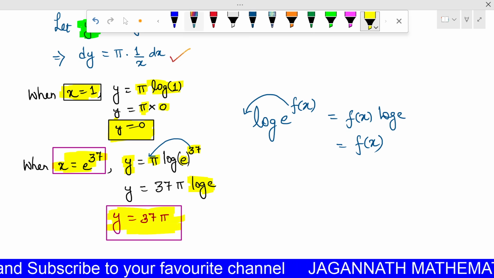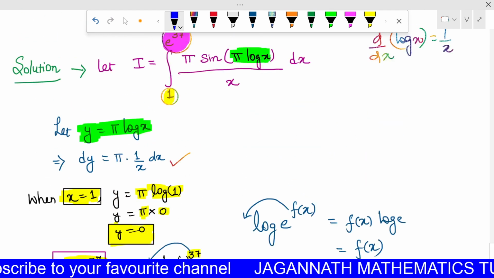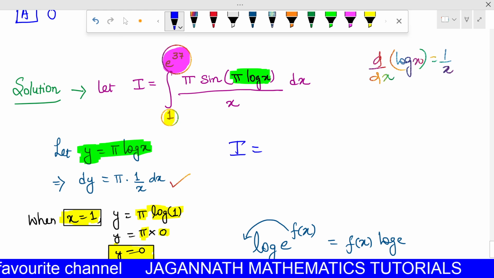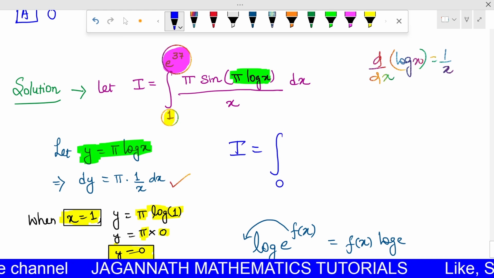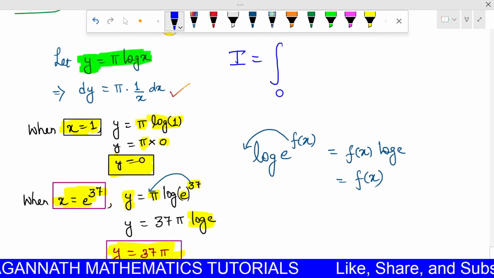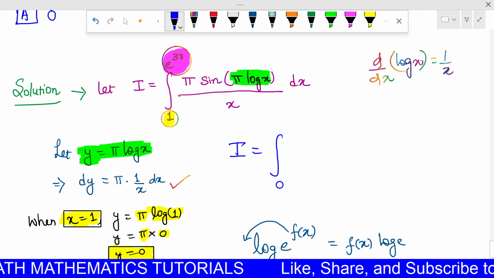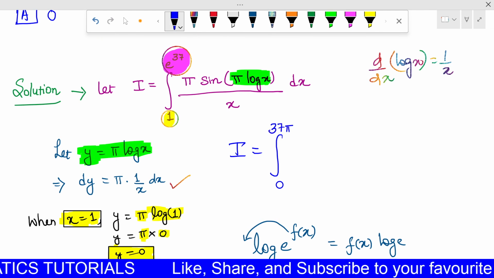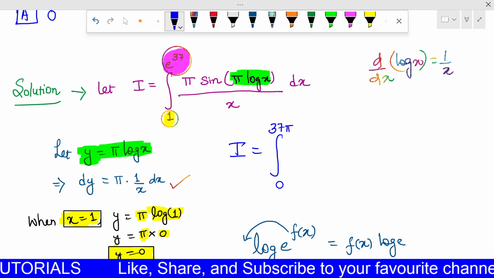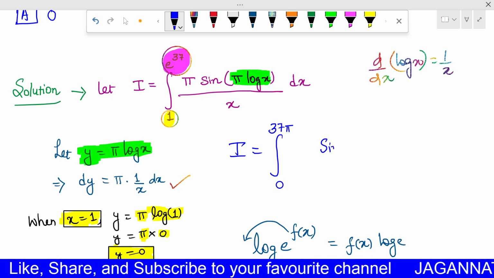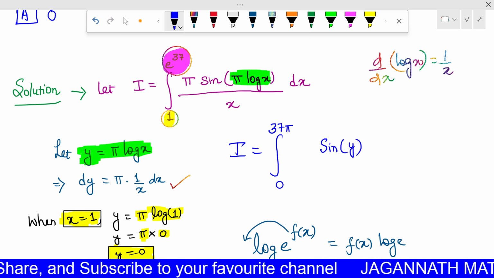Now let us change the limits of this integration, then we will have something like this. The lower limit will be 0, right? And the upper limit will be 37 pi. Now we see that pi log x is y, so in place of pi log x, I can write y.